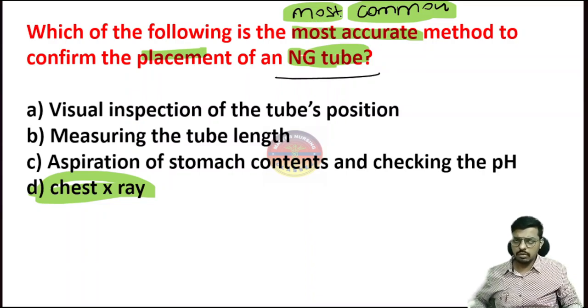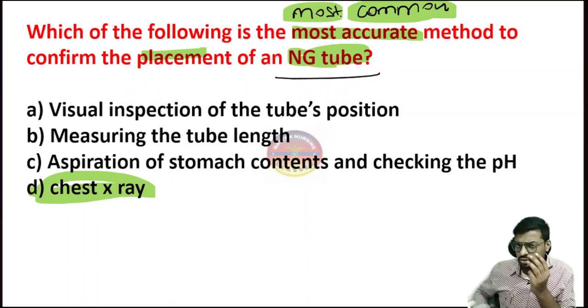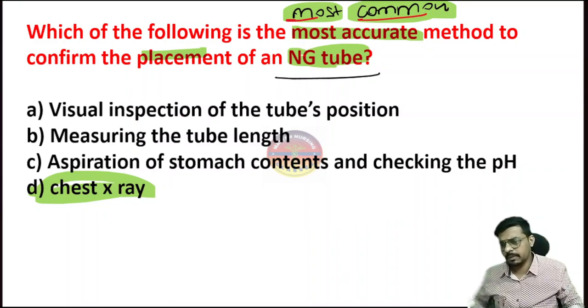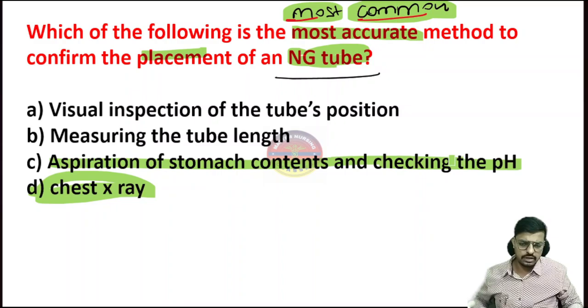Every time while feeding, at least 2 to 3 times we have to feed a patient who is on the NG tube. So I won't send the patient for an X-ray 3 times for confirmation of the NG tube placement. So the routine, best and most common method of confirming the NG tube placement is aspiration of the stomach content and checking the pH. Very important.